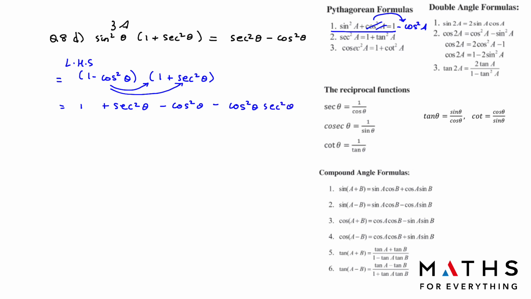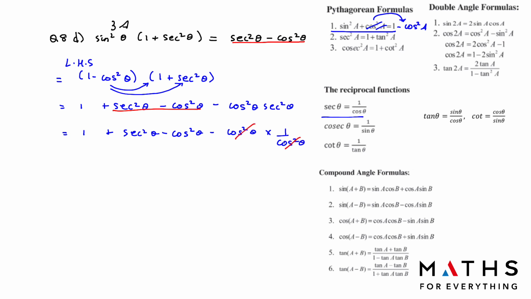Again, always keep looking at what you want. You want to find sec square theta minus cos square theta. We already got that. So the other things are the extra things that we don't need. We can't do anything with the 1, so we leave it. But the cos square theta we can leave the same way, and sec square is the reciprocal of cos. So instead of sec square, I can write it as 1 over cos square theta.